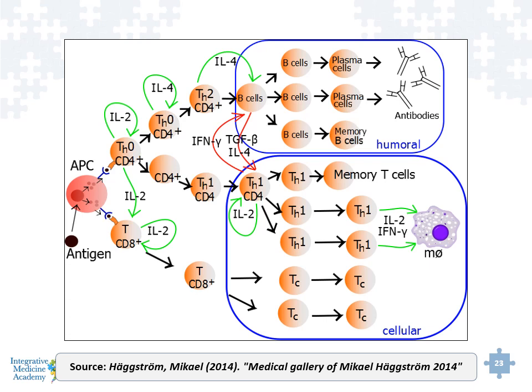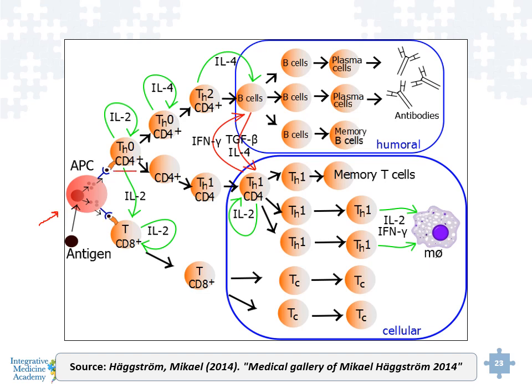Our adaptive, or acquired, immune system is trained; it learns from its exposure. If we have an antigen, could be a virus or a bacterial protein, it gets presented to an antigen presenting cell, like a dendritic cell, which presents its antigenic information to our lymphocytes, to our adaptive immune system.